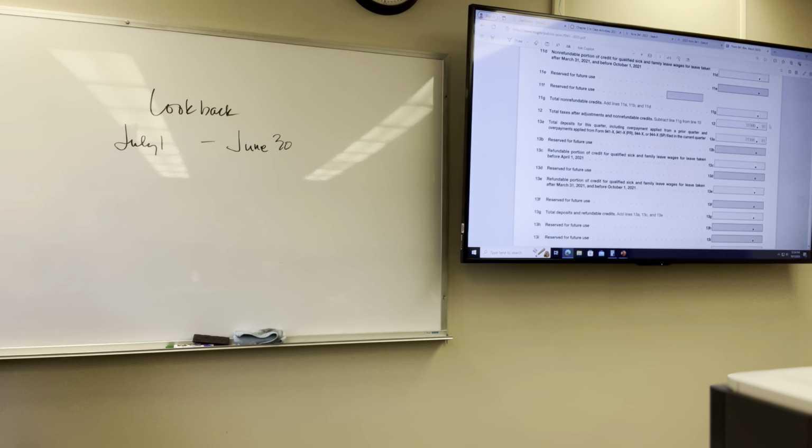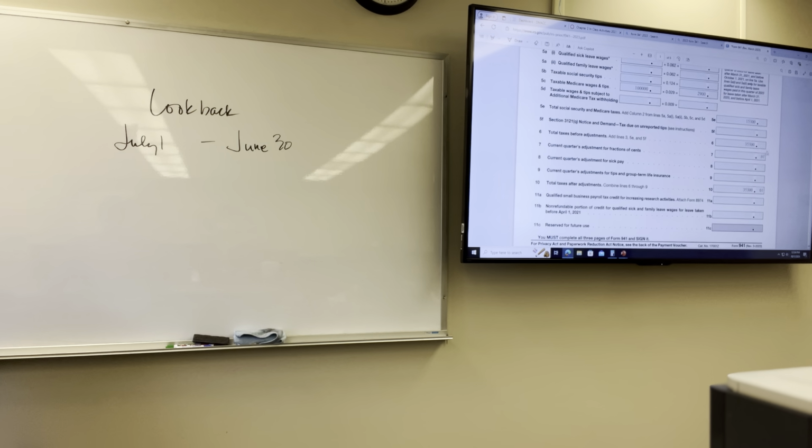Those two have to match. Line 12 and line 13A have to match. That's what this line is for, to make sure they match. So if it's just because of rounding and those percentages getting weird, you'll get a slightly different result, that's what that amount is.